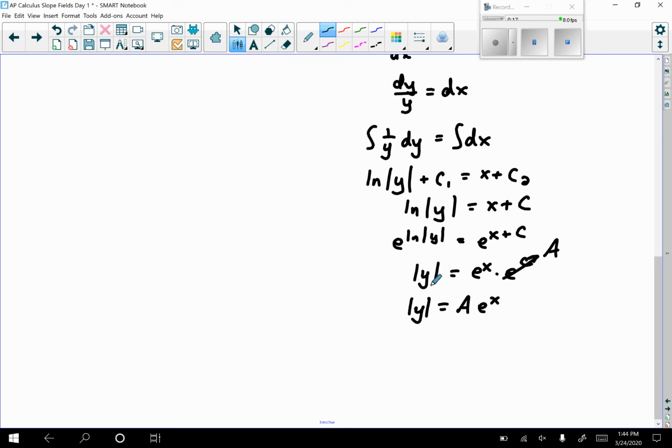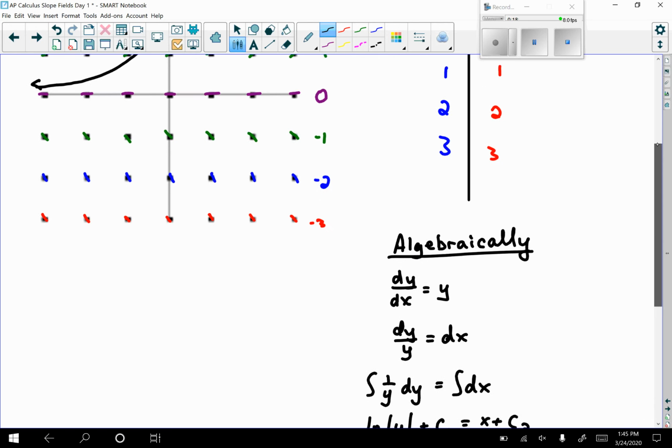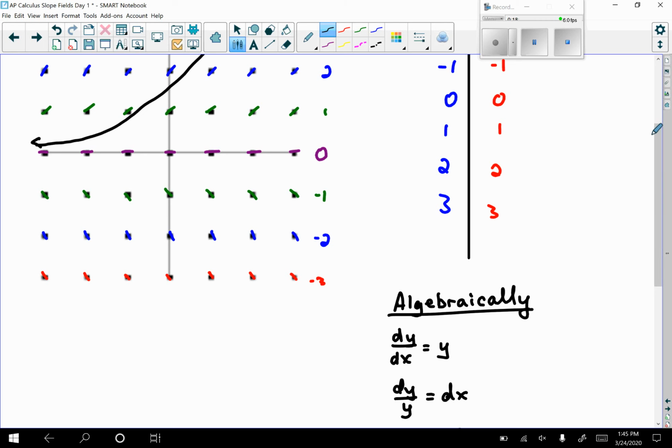But because it's absolute value, we're getting that y is equal to positive a times e to the x, and that's going to match something that I just drew in there. Or y is going to equal the opposite of a times e to the x, which could give us this bottom part if we were to start here and kind of go down in this direction.